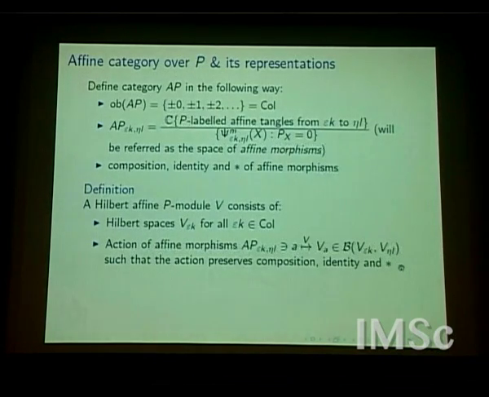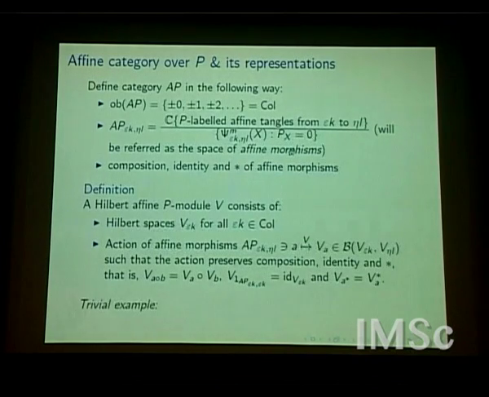That means V of A composed with B is V A composed with V B, V of the identity is the identity of the particular V epsilon k, and V A star is V A whole star. So, it is like a star functor from the category AP to the category of Hilbert spaces.